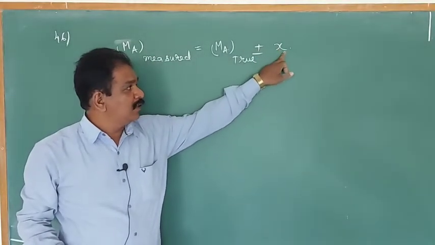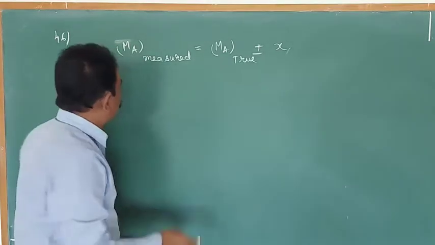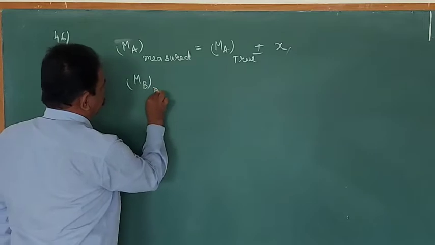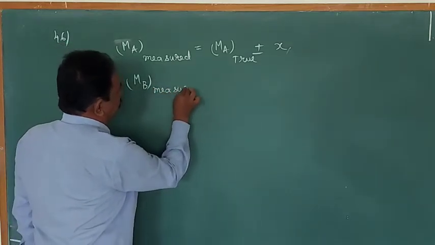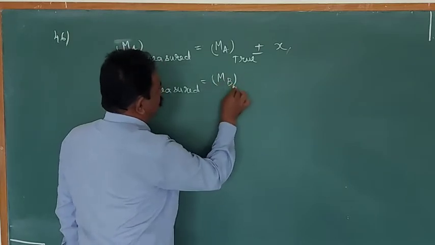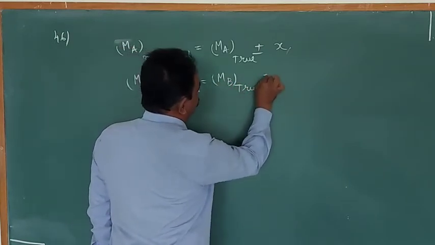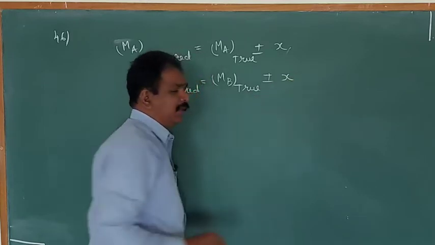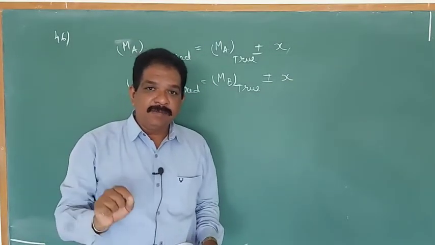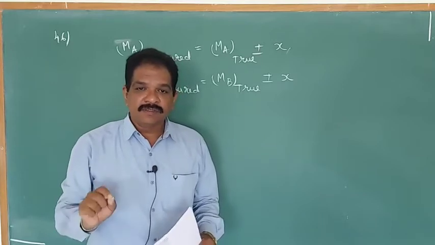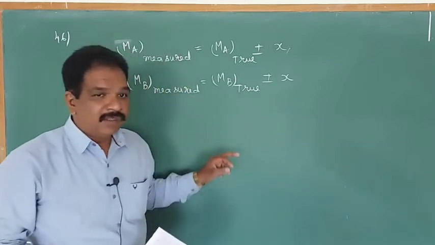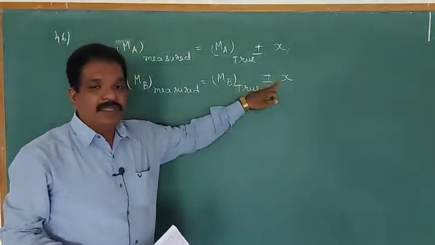I am assuming this is X. So MB measured is equal to MB true. Here also error will be plus or minus X because error will depend on the device. Same weighing machine we are using. That's why same error will be there for these two.